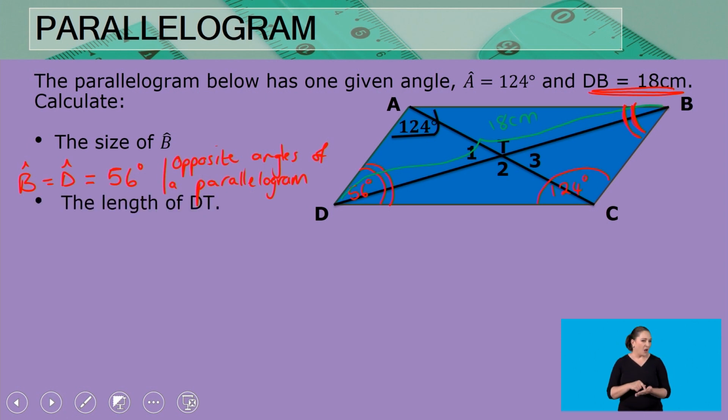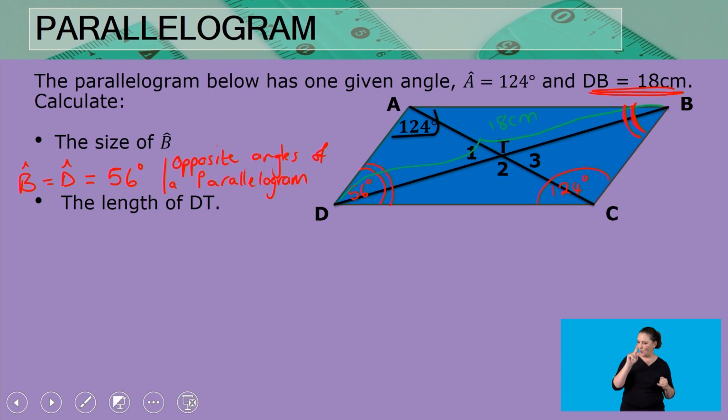What else are we required to calculate? We are now required to calculate the length of DT. DT is part of DB, and we have been given the length of DB, which is 18 centimeters. DB is a diagonal of a parallelogram. And what do we know about diagonals of a parallelogram?